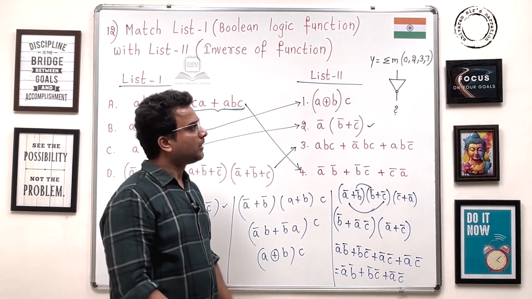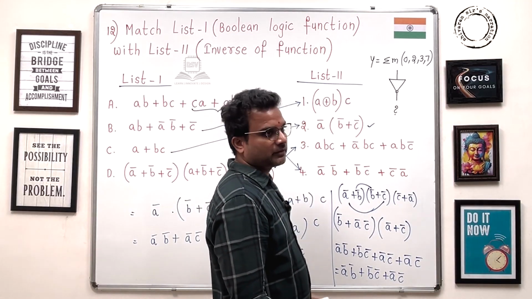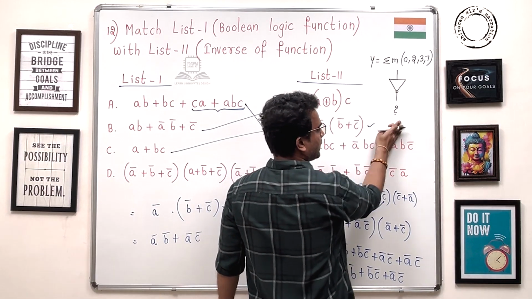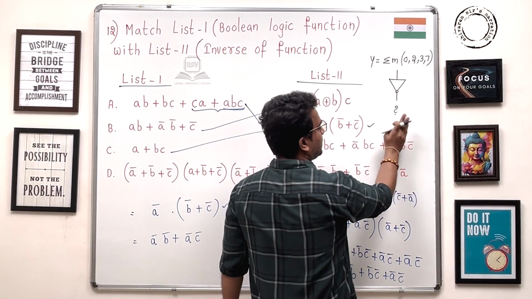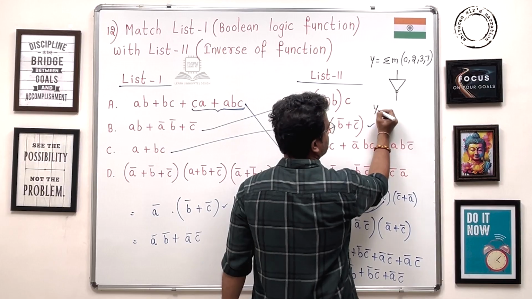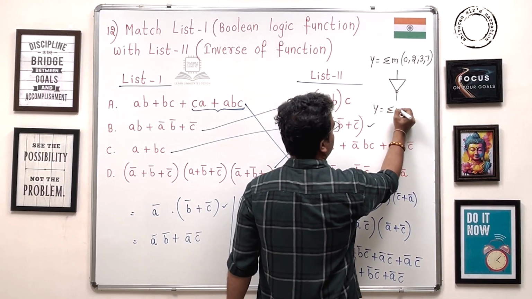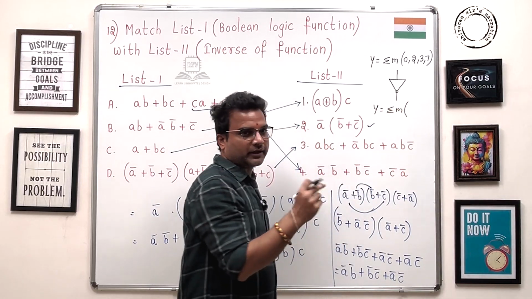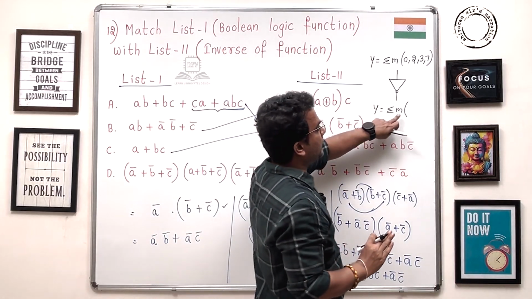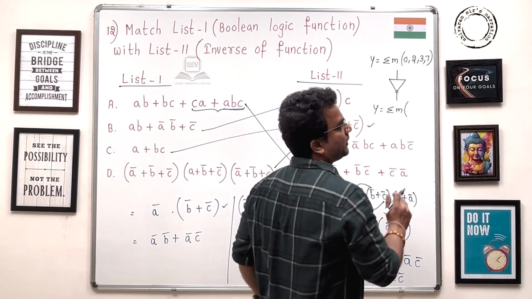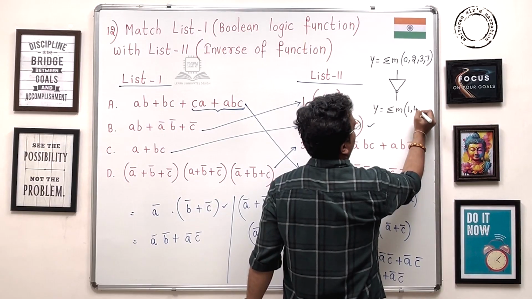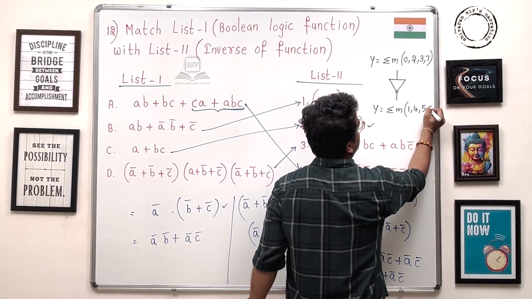However, remember, suppose they have given the minterms and that function is applied to the NOT gate, what will be the output in terms of minterms? That is y is equal to sigma m of, you know NOT gate 0 becomes 1, 1 becomes 0, therefore it is sigma m of the product terms whatever is missing, you write down: 1, 4, 5, 6.